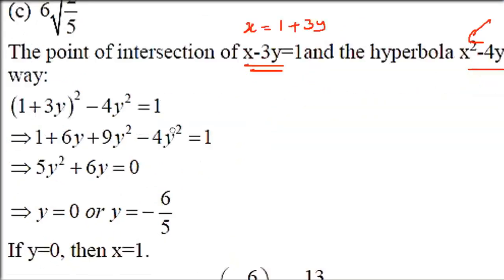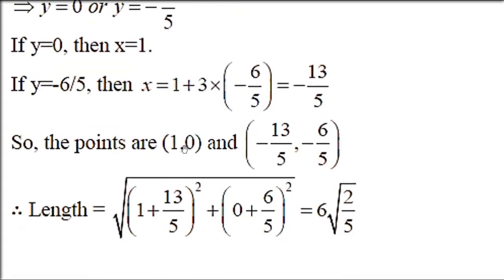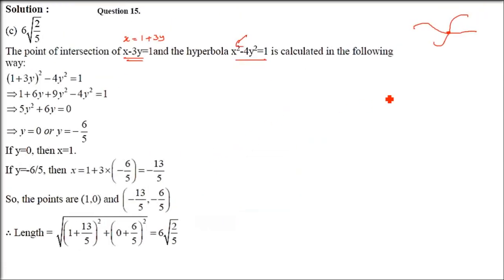So when you put y as 0, you get x as 1. When you put y equals minus 6 by 5 in the equation we just chose, x will be minus 13 by 5. So you have points (1, 0) and (minus 13 by 5, minus 6 by 5). So you have a hyperbola. A line can intersect like this.